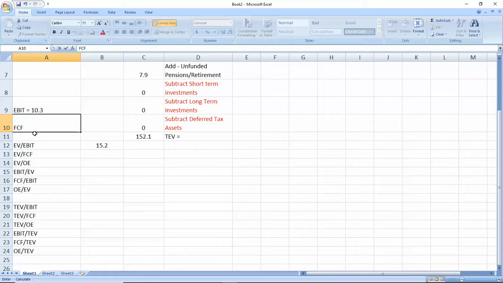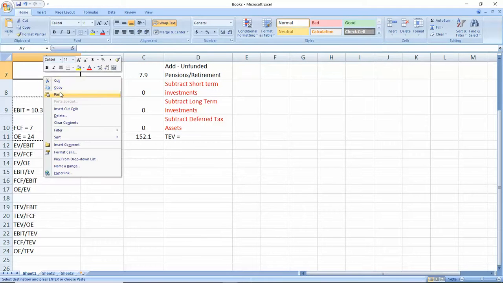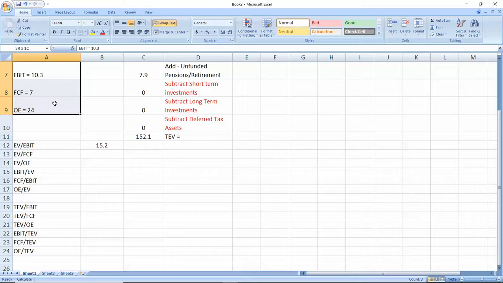FCF equals 7, OE equals 24. I'm just going to cut these, move them up two so there's a little bit of space, and bold them and highlight them just so we know what those numbers are.